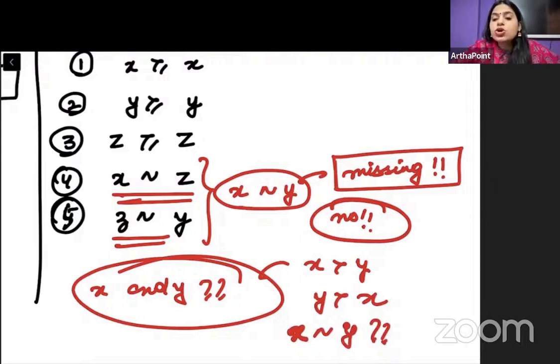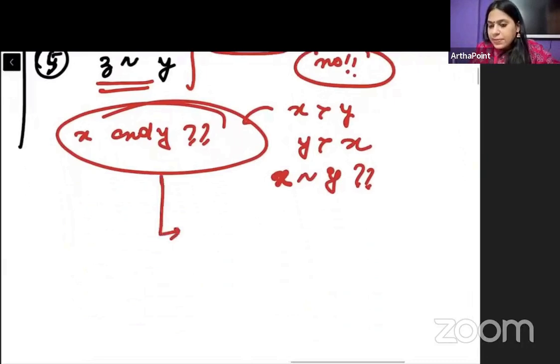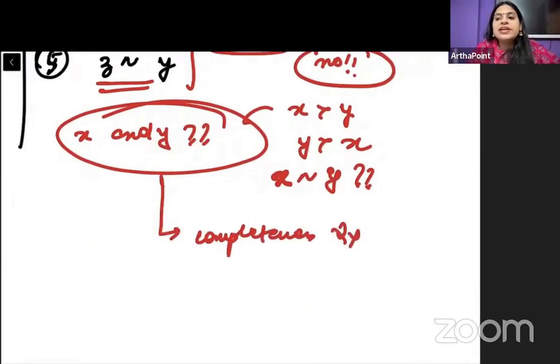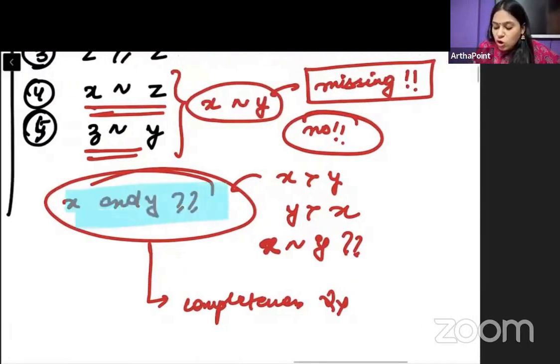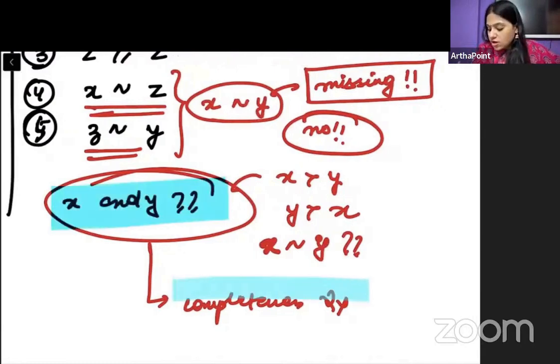I don't. So if I don't know the relation between X and Y, this also tells me that completeness is not being followed because the relationships are not completely defined. Some of the relationships are in fact missing. So we can say that since the relations are not completely defined, it is not complete.